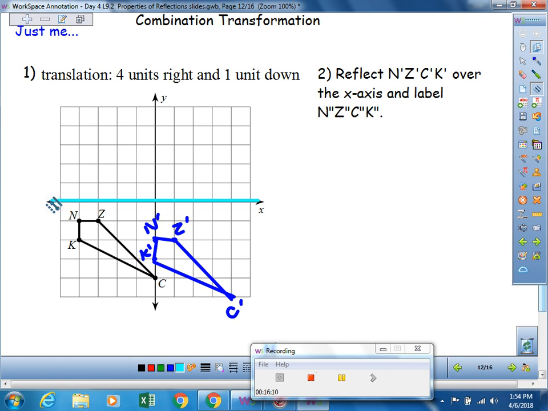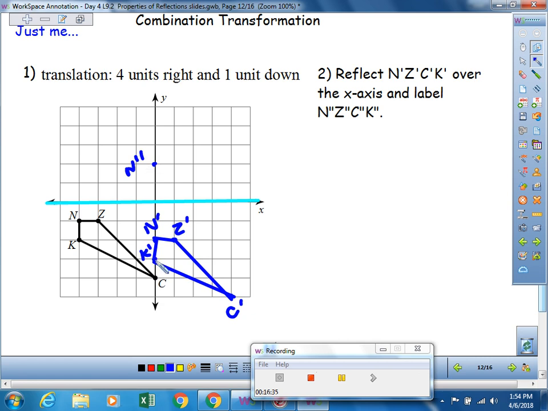So we're going to go over the X. So this is a reflection now. It tells me to reflect this figure. Don't reflect this one, reflect this one. So, 1, 2, 1, 2. N double prime.